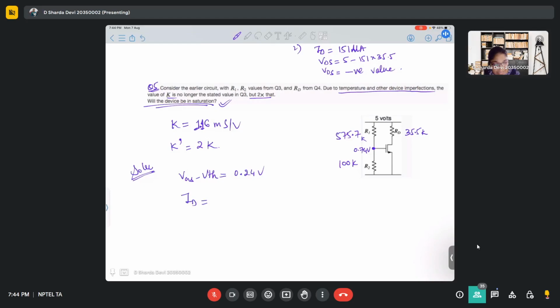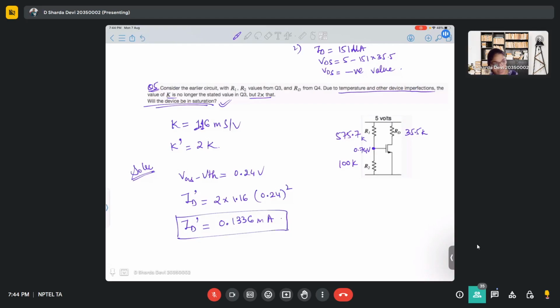So now the ID dash, which has been changed, is 2 times 1.16 into 0.24 whole square. So the ID dash that we will get is 0.1336 milliamperes.